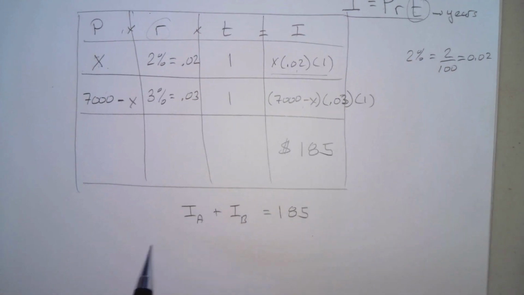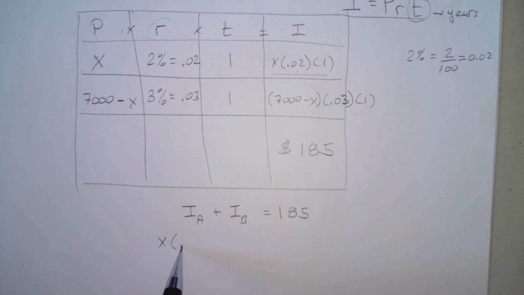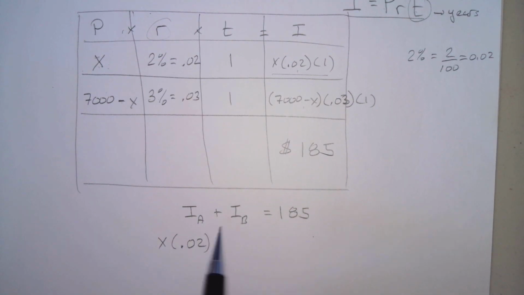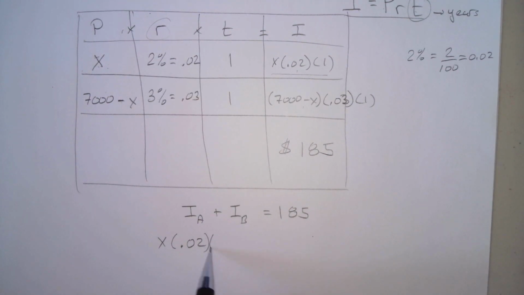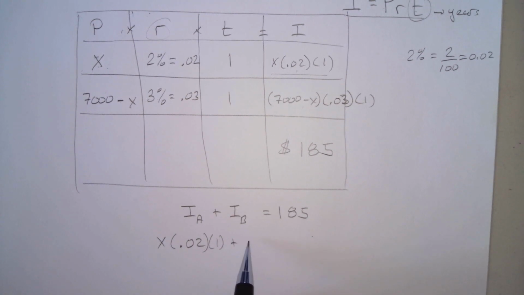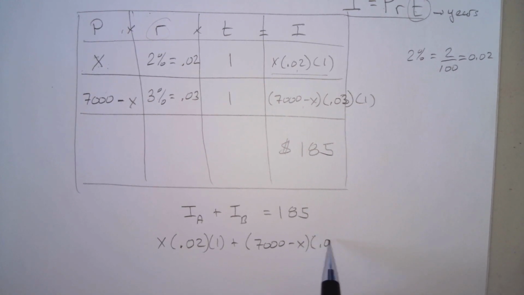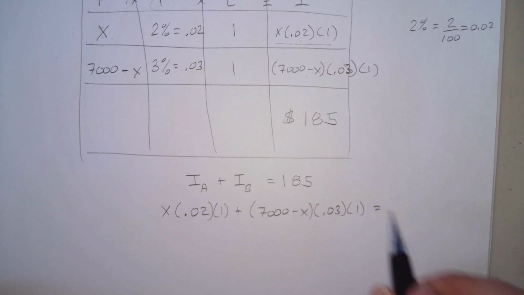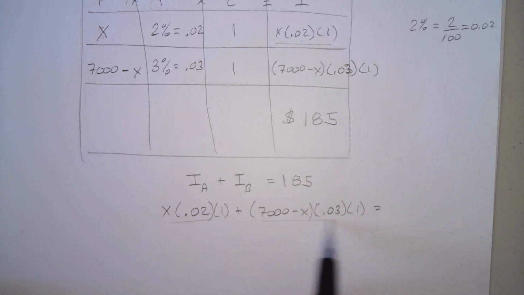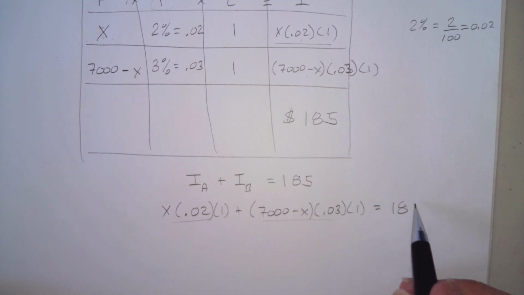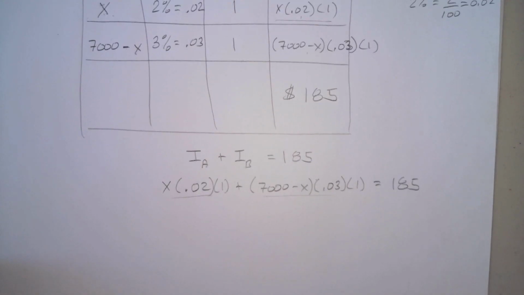This is the first one, so it's x times 0.02 times 1, plus 7,000 minus x times 0.03 times 1. So that's A. This is B. It has to equal 185.